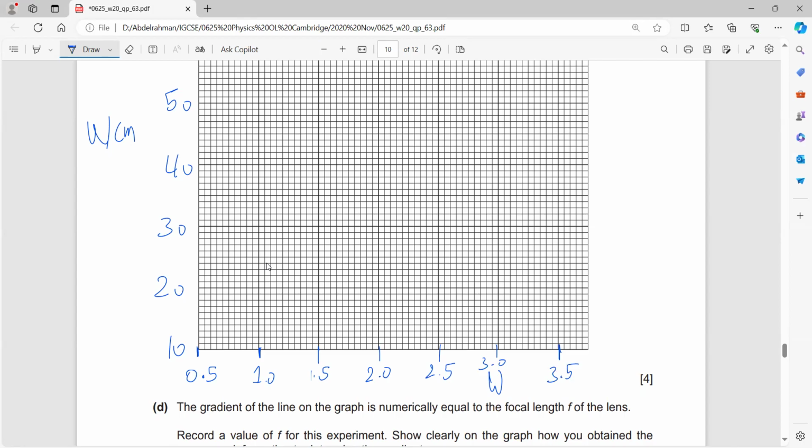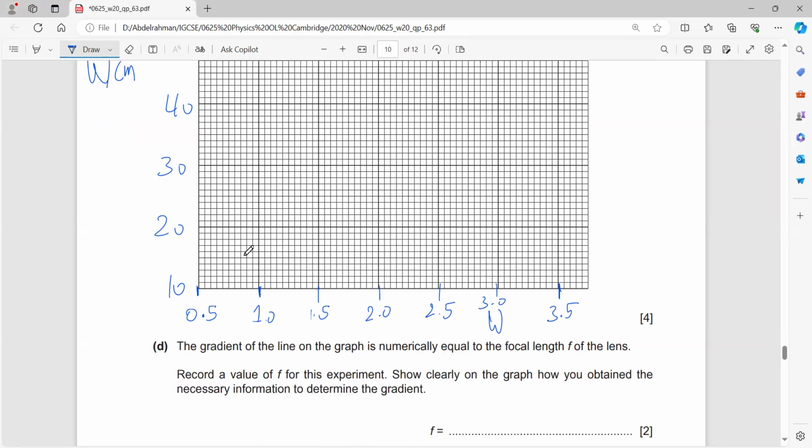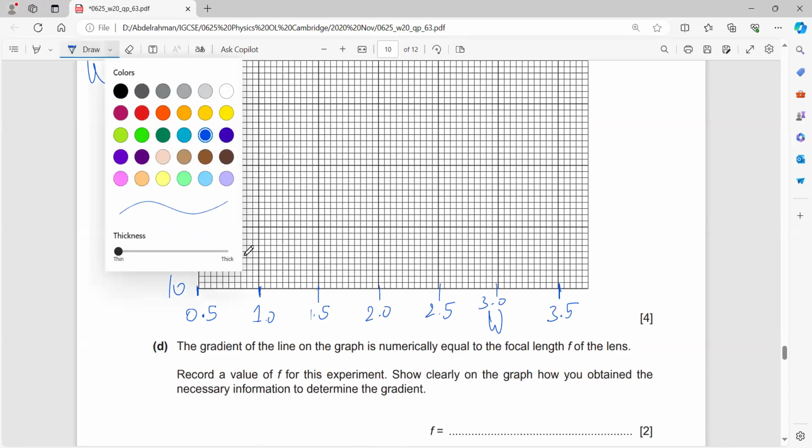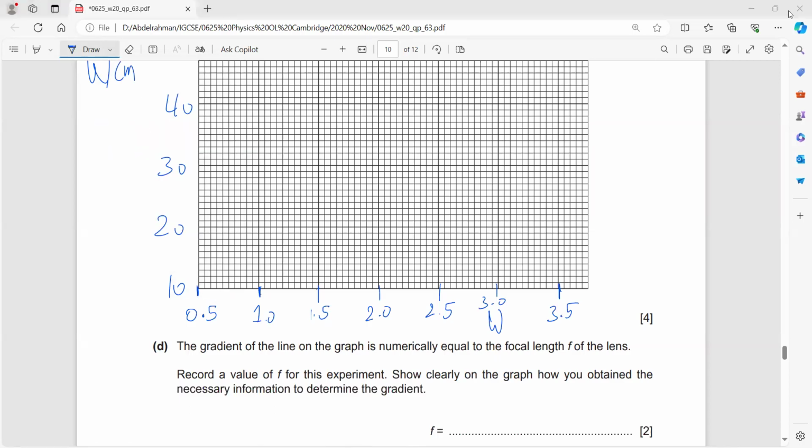If you use 1 per division, you start from 0, 1, 2, 3, and that is wrong. I'll use another pen to show you. I start from 0, 1, 2, 3, and all your points starting from 0.54 up to 3.3 are squeezed up to here.